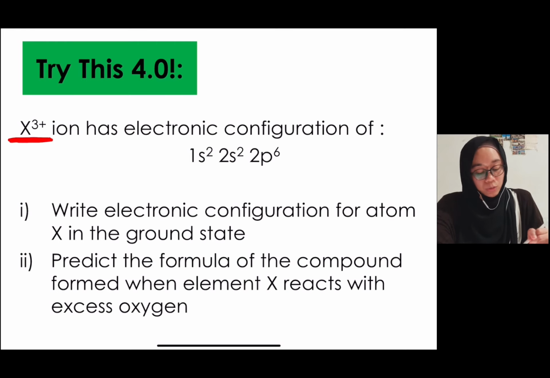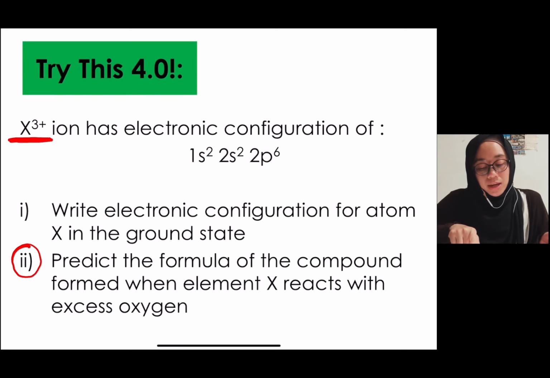Okay, and then untuk oxygen pula, you know that oxygen dia punya ion adalah O2-. So, saya bagi hint kat situ. Jadi, what would be the formula when the X3+ ion combine dengan oxygen ion? Okay, so that is a hint untuk soalan nombor 2. Try to figure that out.